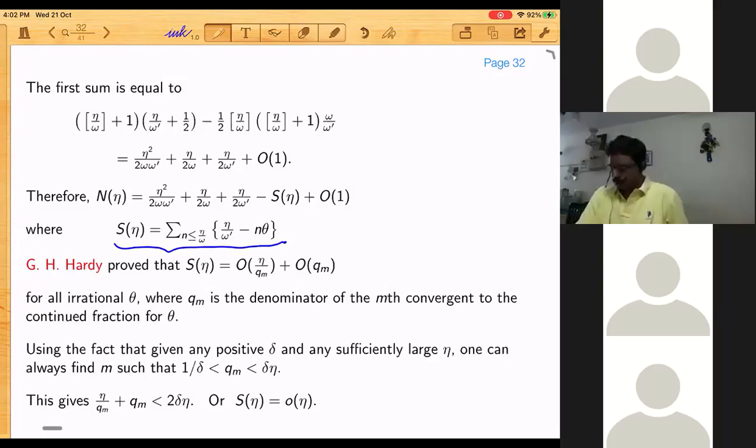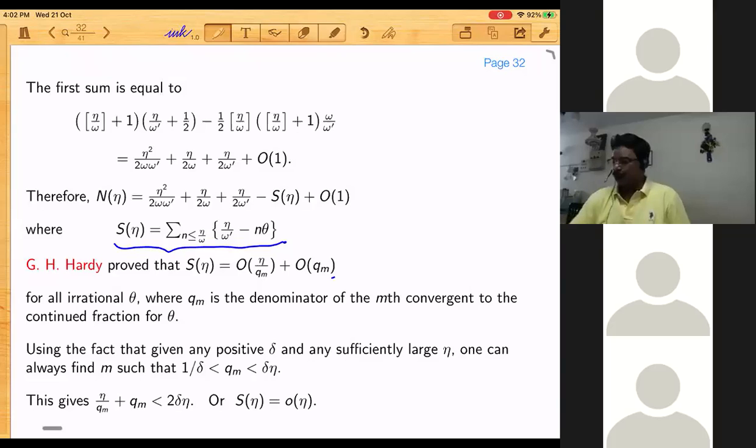For all irrational theta, he proved that in fact this S eta is bounded by O of eta by Qm plus O of Qm. The Qm is the denominator of the mth convergent. So this is a very crucial estimate.